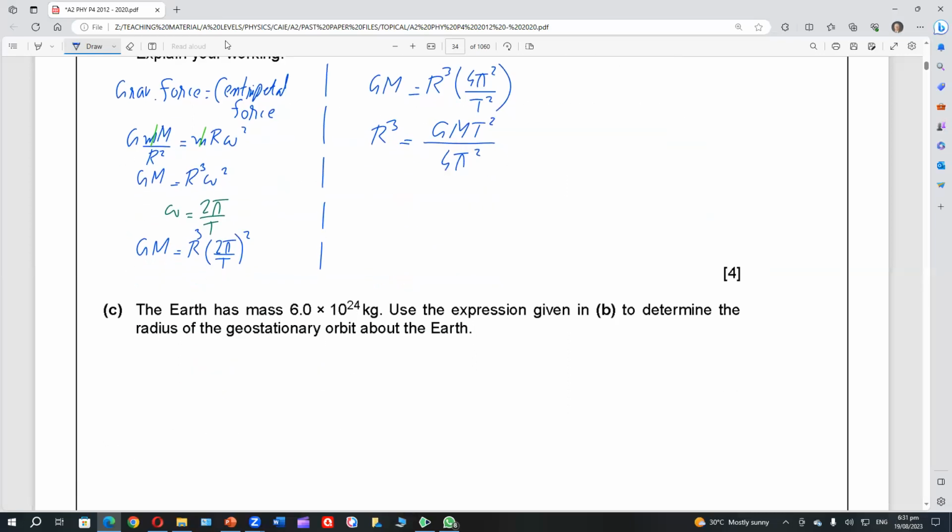Kepler's third law. The Earth has mass this. Use the expression to determine the radius of the geostationary orbit.